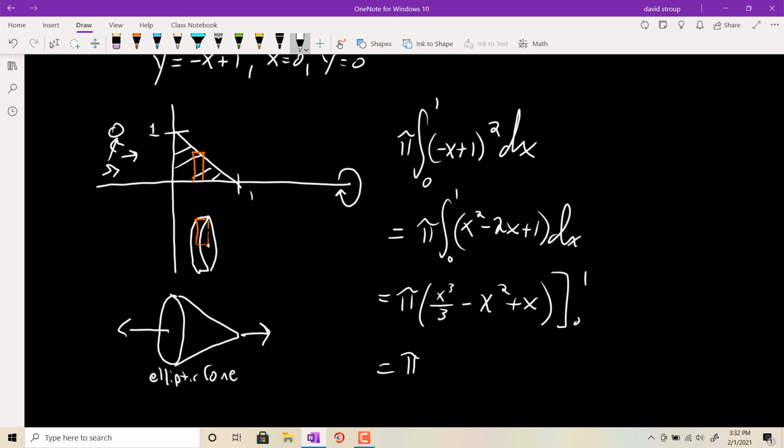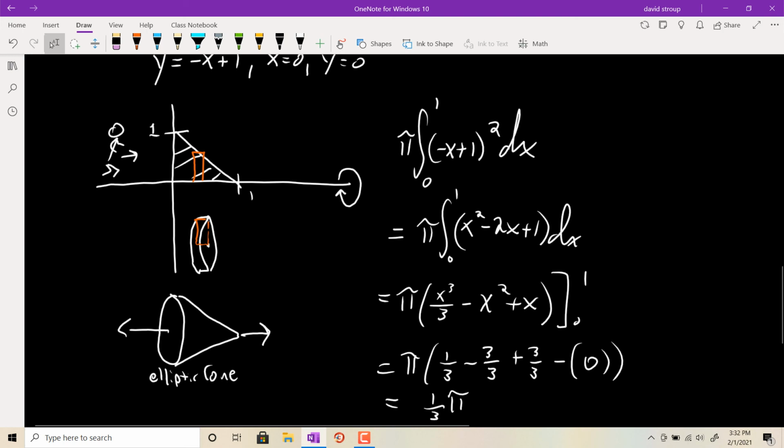Then you get pi times 1/3 minus 1, which is the same as 3/3. Well, we don't even have to go that far. Plus 1, which is another 3/3. So it's just going to be 1/3, and plugging 0 into all those you just get 0. So it's going to be 1/3 pi when all is said and done, the volume of that elliptic cone.